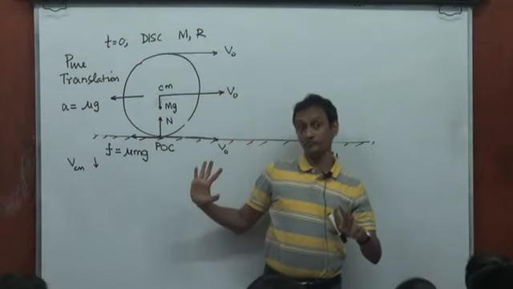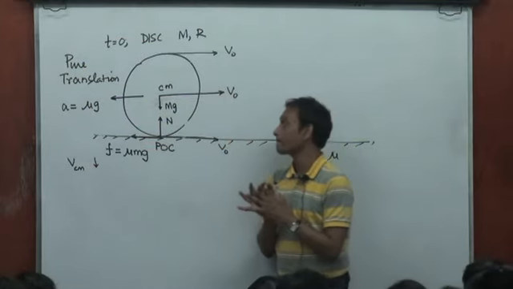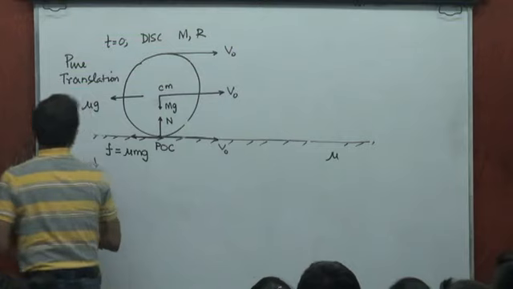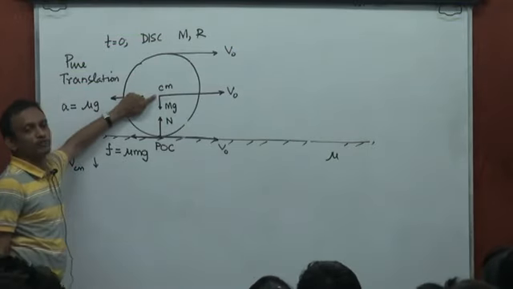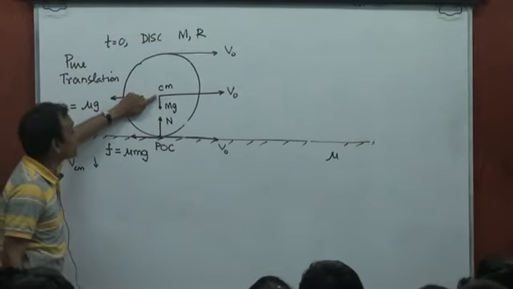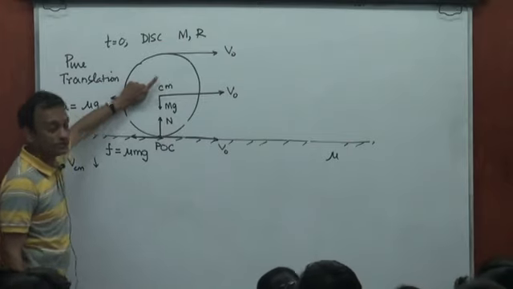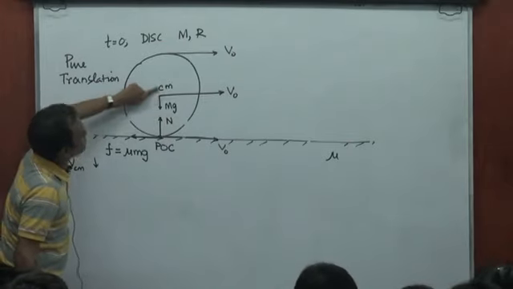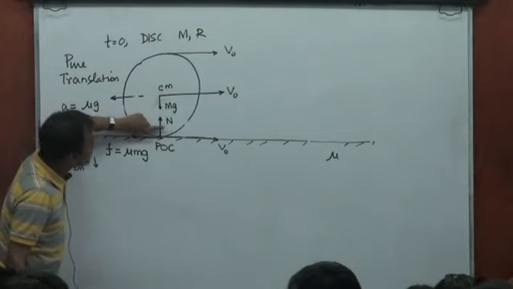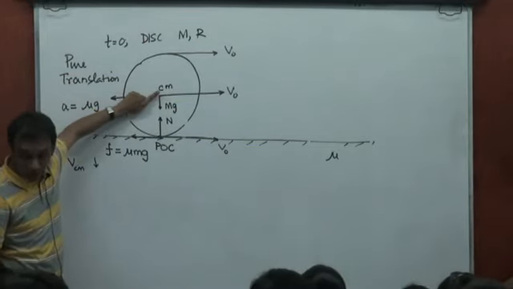This is the sum total of all the forces. Now, what's the torque of mg about the center of mass? 0, because the line of action of mg passes through the center of mass. What's the torque of N about the center of mass? 0, because the line of action of N passes through the center of mass.